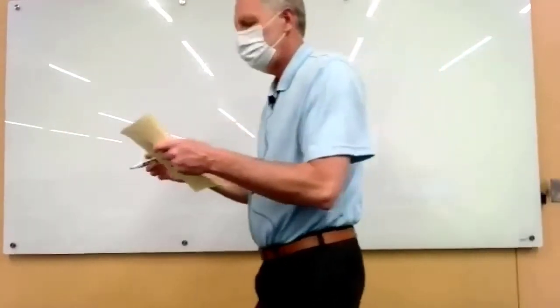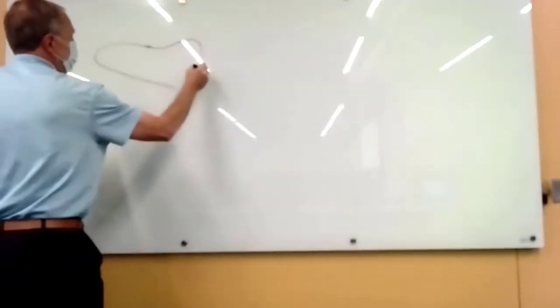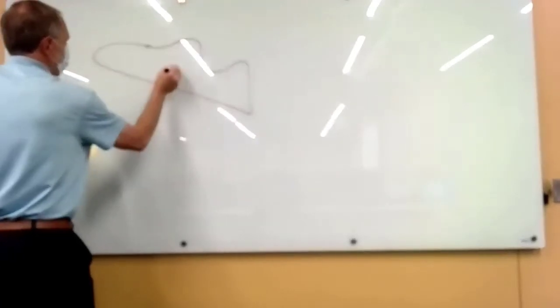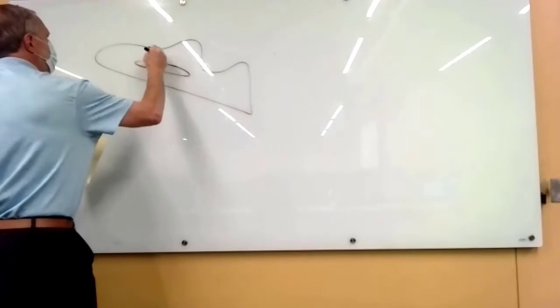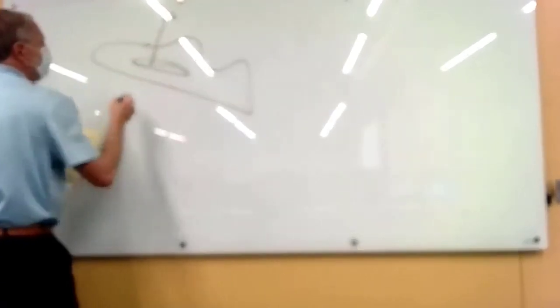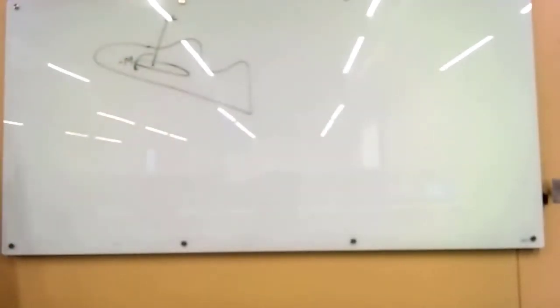The last time we looked at an airplane with a wing, the lift is acting at the aerodynamic center. It has a negative pitching moment because we made it out of a cambered airfoil.